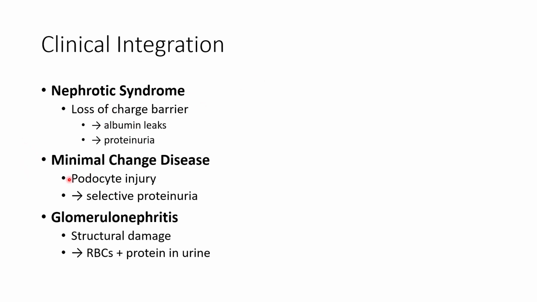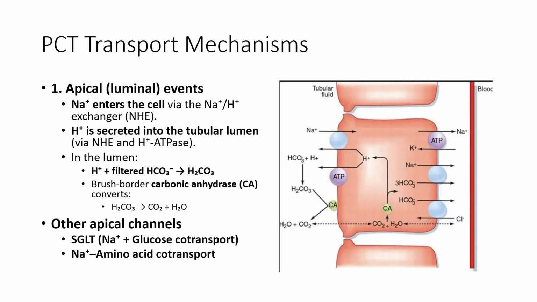The main pathology in minimal change disease is podocyte injury, the effacement I was talking about, and this will lead to selective proteinuria. Why selective? Because the charge barrier will still block it. Then there is glomerulonephritis. Anything with 'itis' means inflammation, so it is inflammation at the site of the glomerulus, and that will lead to structural damage to the filtration barrier, leading to loss of RBCs and protein in the urine.